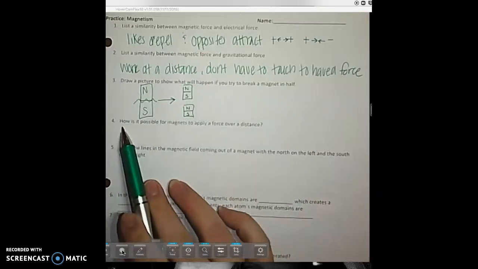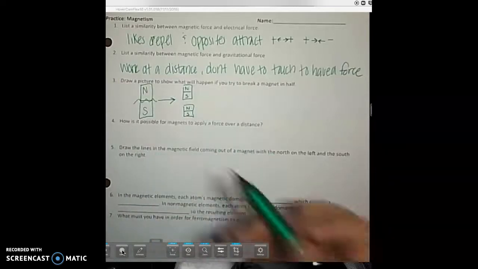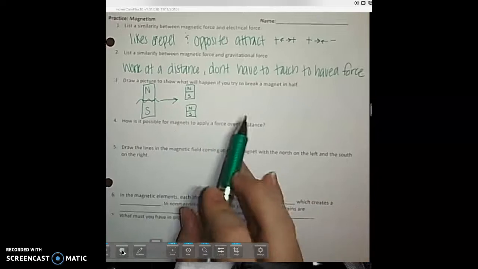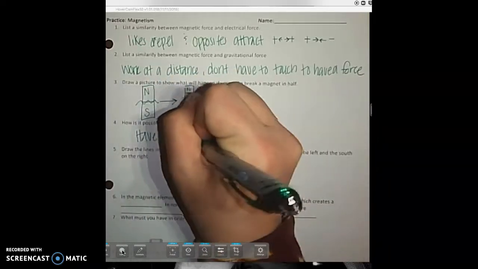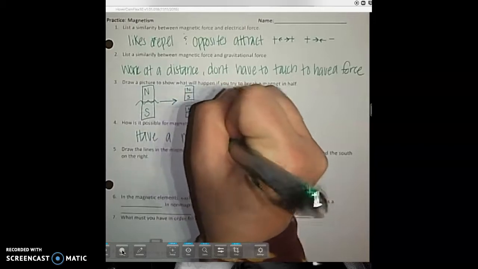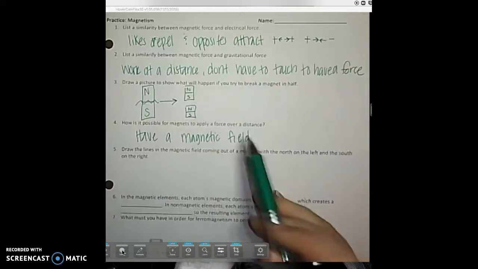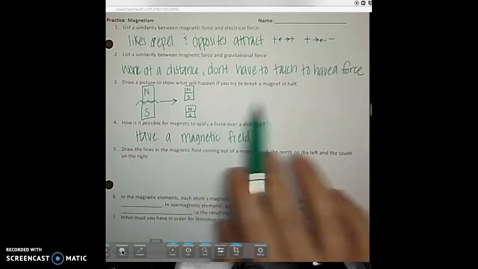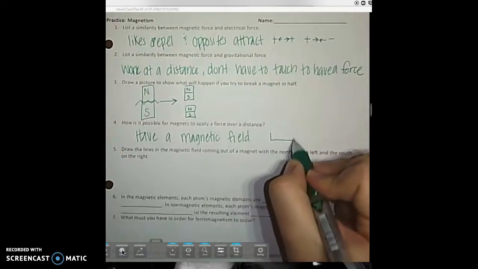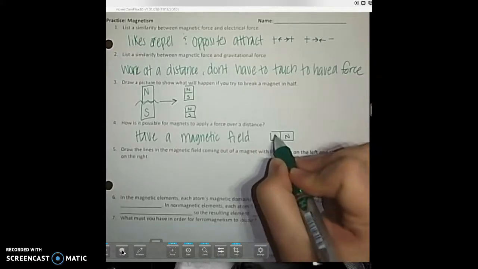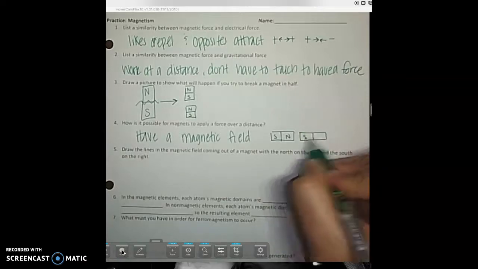On number 4, it says, how would it be possible for magnets to apply a force over a distance? The way that they do that is they have a magnetic field. Remember that the magnetic field works on the outside of the magnet. Remember we had these magnets, and you did not have to draw this. I'm just going to draw this so it shows you a little bit better about what's happening.